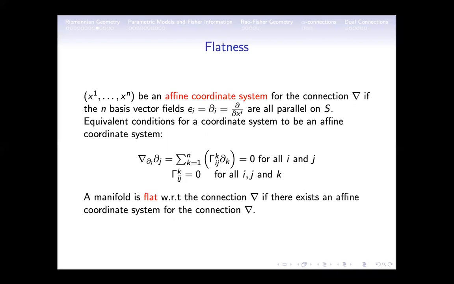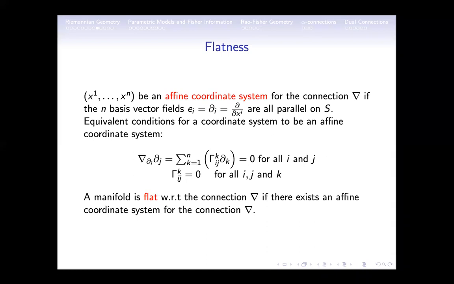We'll sometimes write the basis vector as e_i, and sometimes we can also write it as partial_i, because it can be treated as the partial operators with respect to the parameterization. And when all the basis vector fields are parallel, then we call this flat with respect to the connection nabla. So a manifold is flat with respect to a connection nabla if there exists an affine coordinate system for the connection nabla.